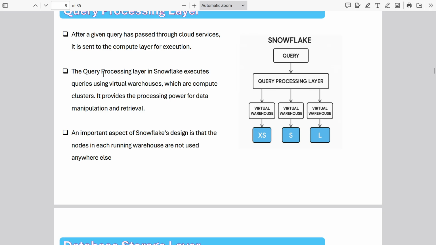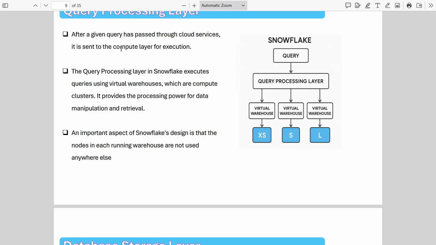You just have to understand that after passing, every query is sent to the compute layer. The compute layer is responsible for executing the query, meaning understanding the meaning of the query and performing the operation.